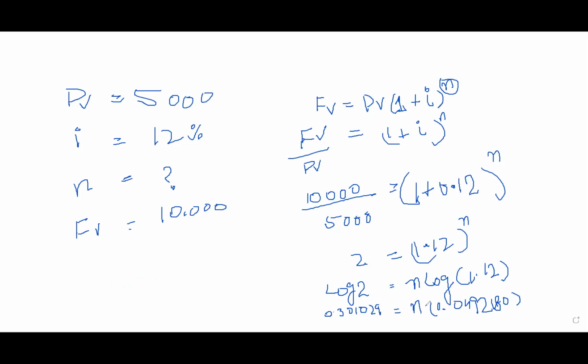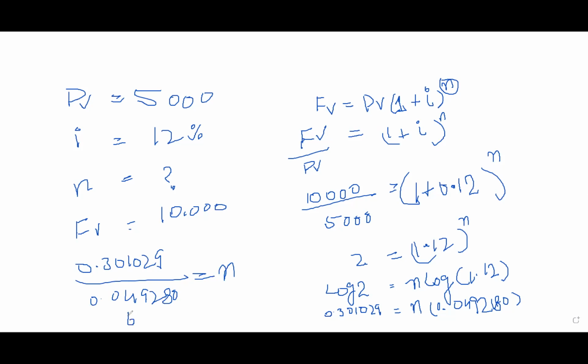Now we need to make this n alone, so we will shift this one to the left side, and here it is in multiplication, so it will go in as denominator on the left side. So it would be like this: 0.301029 divided by 0.049218 is equal to n.